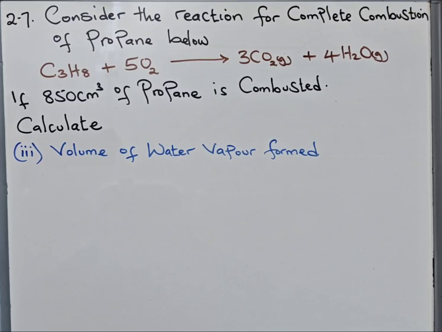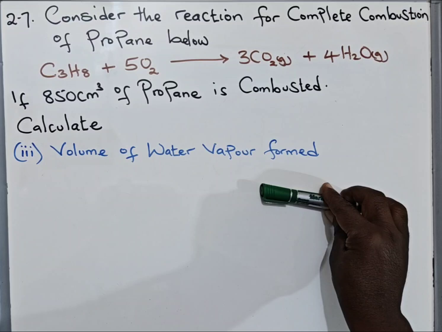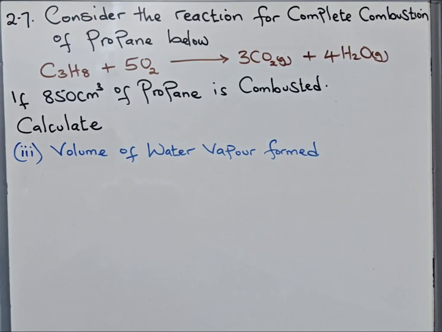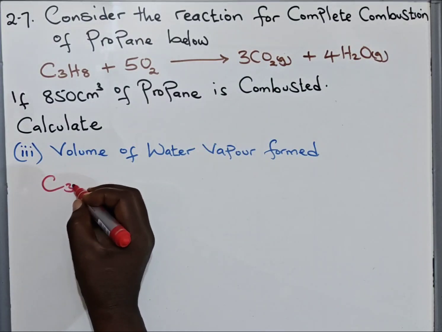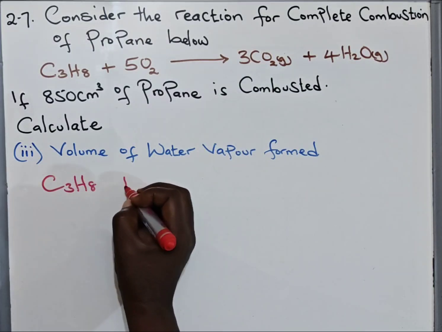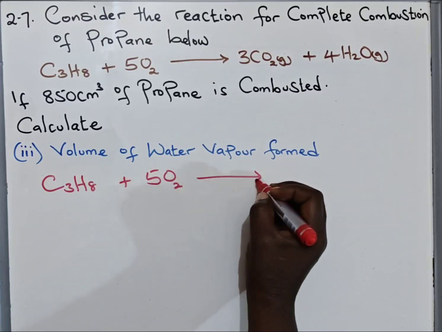Yeah, then we come to this one, volume of water vapor formed. Yes, how do we do this? Yes, you rewrite the equation. The equation is C3H8 plus 5 oxygen, giving us that.